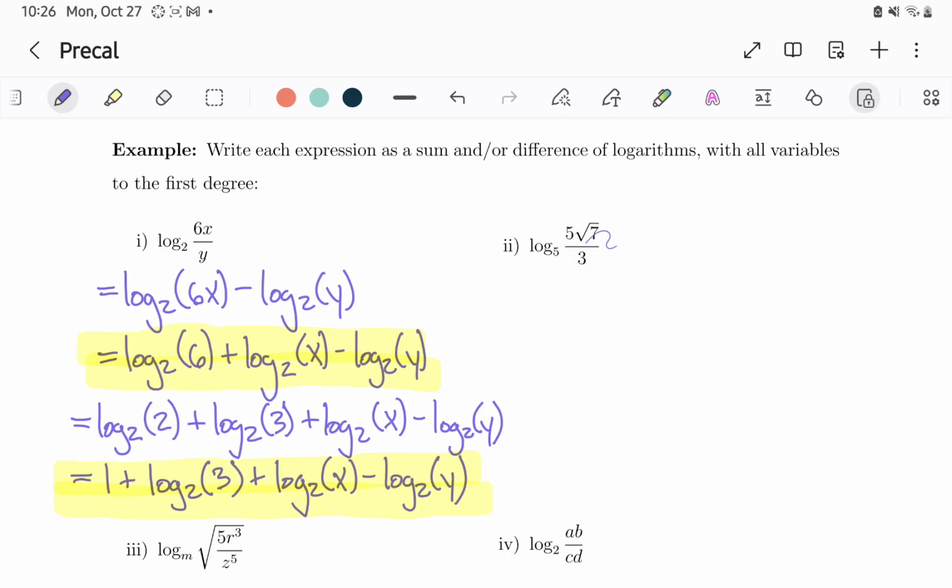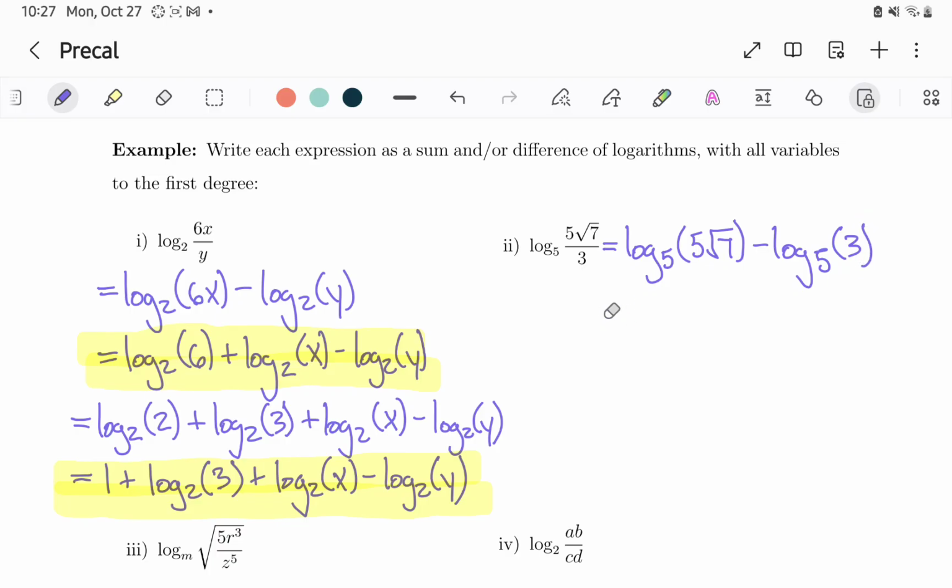Okay, next we have log base 5 of 5 times square root of 7 over 3. Again, we can use the quotient property first to say that this is equal to log base 5 of 5 times square root of 7, minus log base 5 of 3.